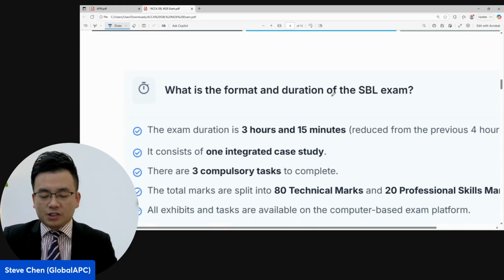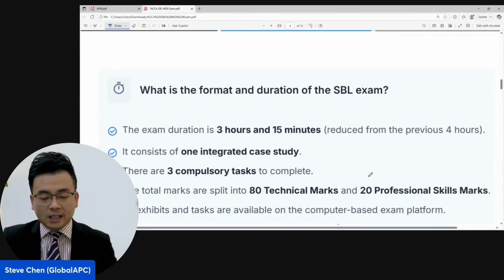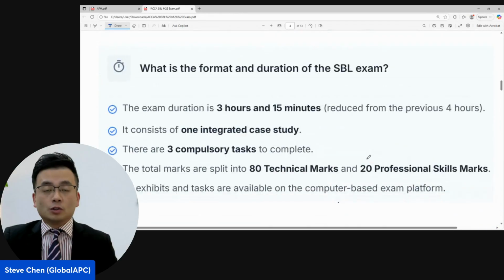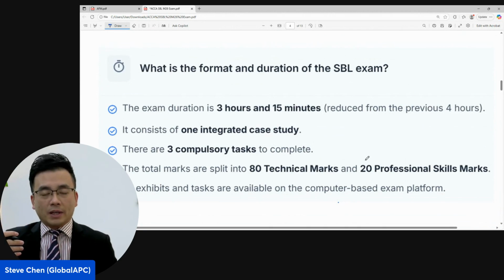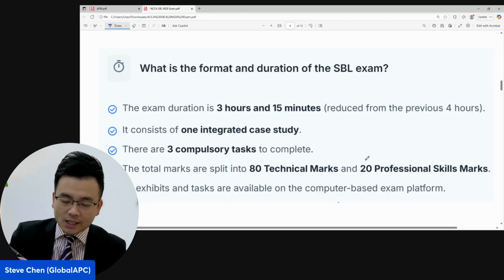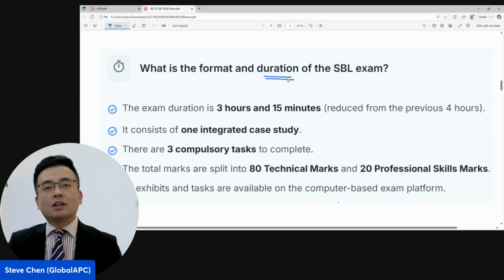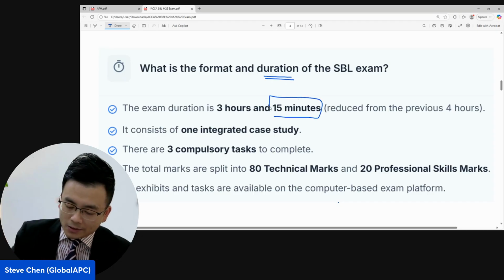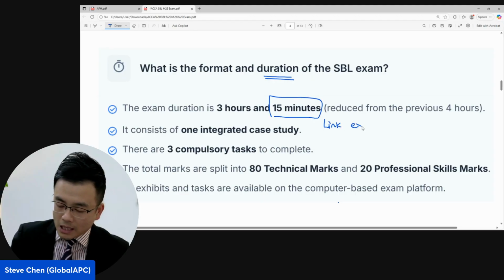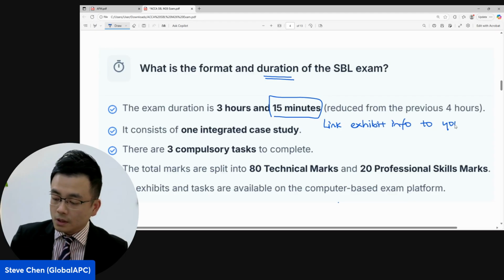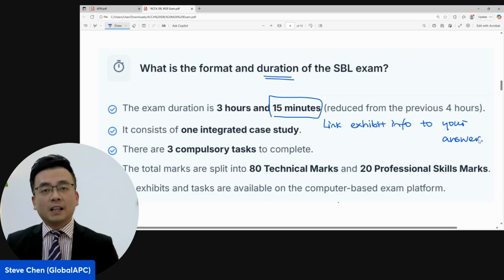Now, a lot of students ask these sorts of questions, and by clearing them, you can pass the SBL exam relatively easily. The first question they often ask is how to utilize the time in the SBL exam. I would highly recommend you use 15 minutes to link the exhibit information on the exam day to your answer, because the marking for this paper is relatively generous.